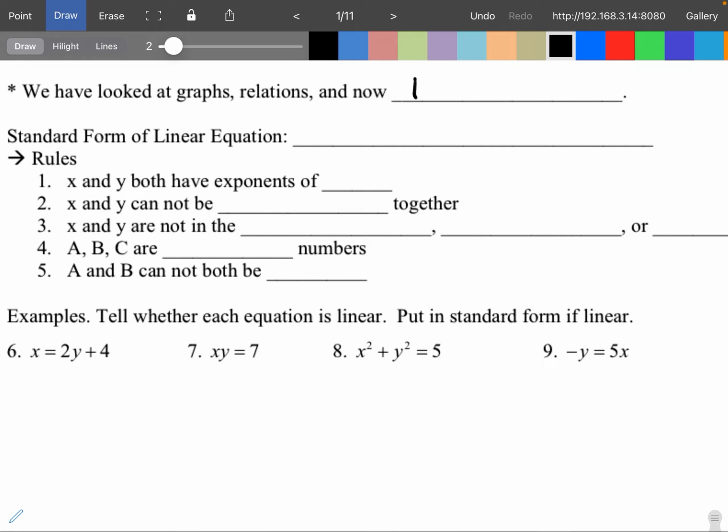All right, and then we got to fill all this stuff in. This blank here says we've looked at graphs, relations, we've looked at mappings, we've looked at functions, we've talked about what it means to be linear. Now we're going to look at linear equations.